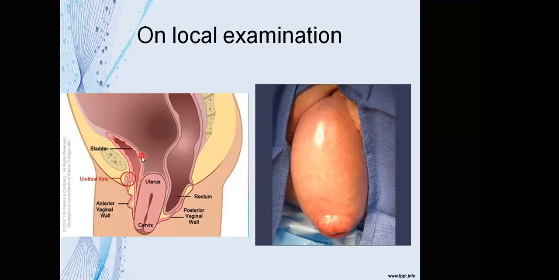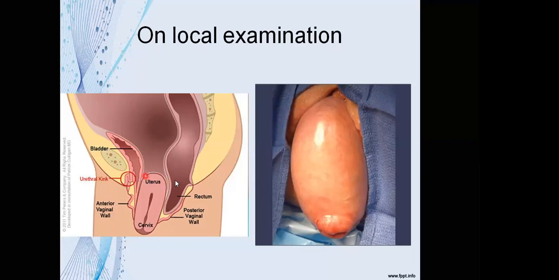Now, as we discussed, what was the pouch anteriorly between the bladder and the uterus? Uterovesical. Excellent. And what is the pouch present posteriorly between the rectum and uterus? Pouch of Douglas. Very good. So these are the two pouches.